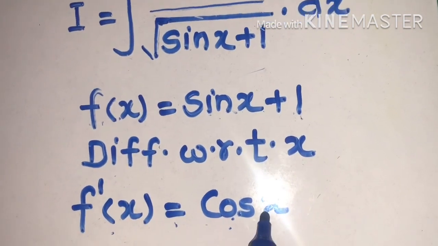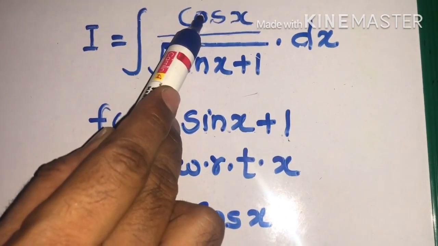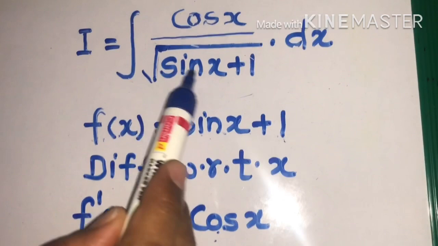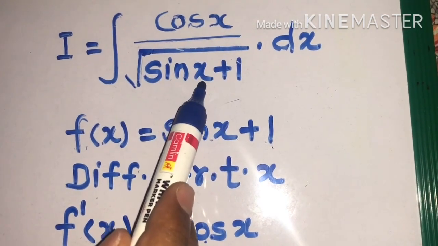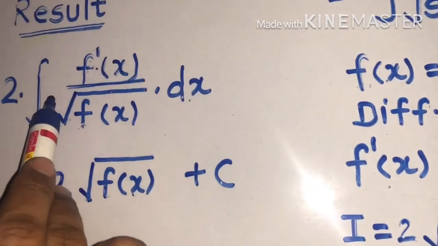So cos x is present in the numerator, which is a derivative of sine x plus 1. That is why it is following this result.